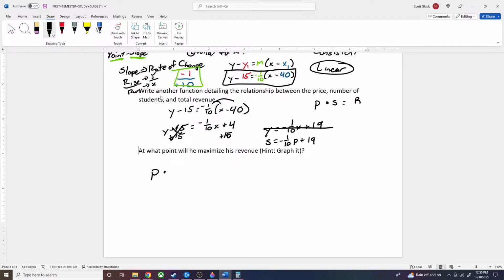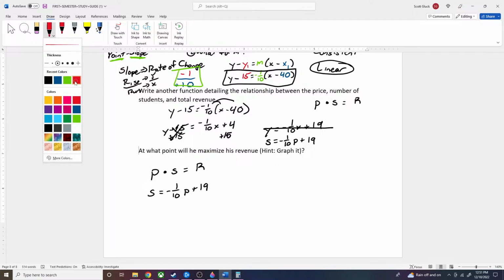Price times students equals revenue. And students equals negative 1 over 10 times the price plus 19. Okay, so what I have done here is I have effectively set up these two functions side by side to show there is a relationship between them.